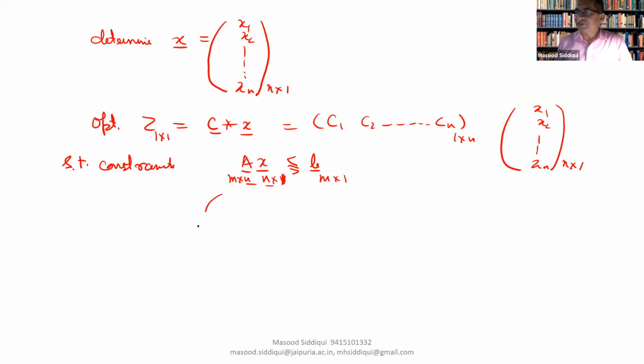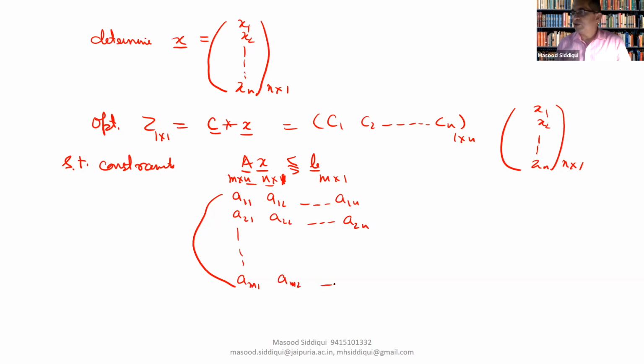So here we have the input-output coefficient matrix, A11, A12 going up to A1n, then A21, A22 going up to A2n, and finally Am1, Am2 going up to Amn.